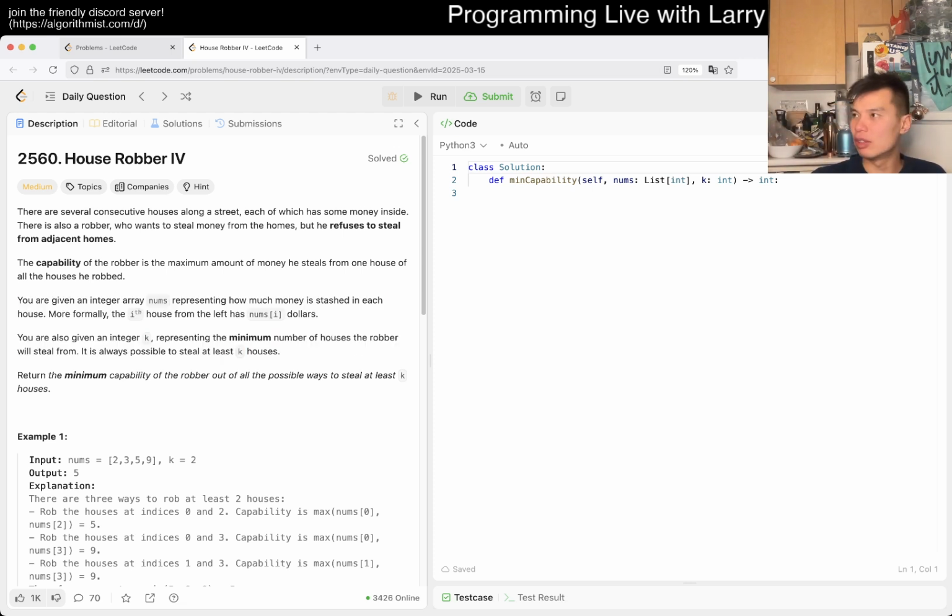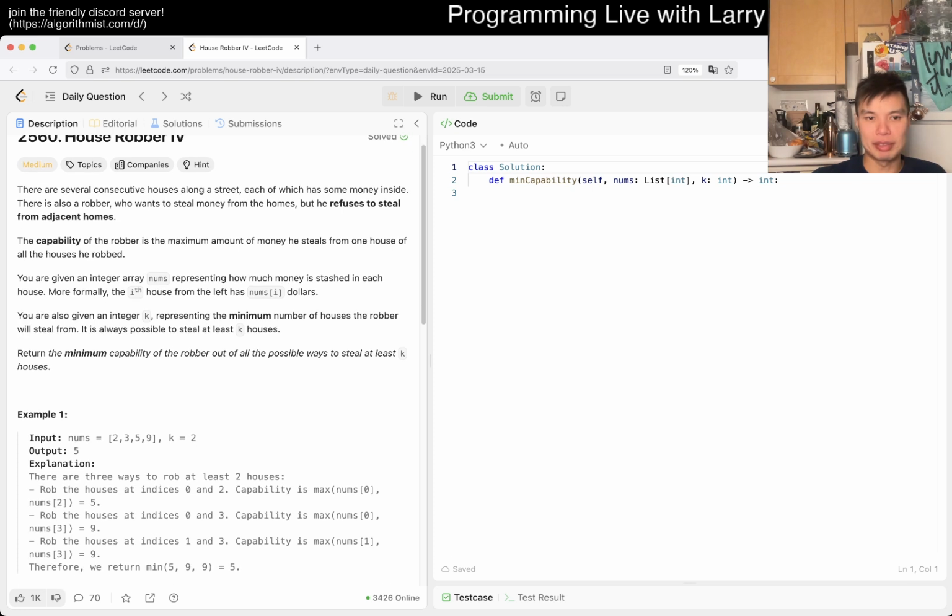You want to steal from k houses, and you want to minimize the max that you steal from one house, right? Okay.